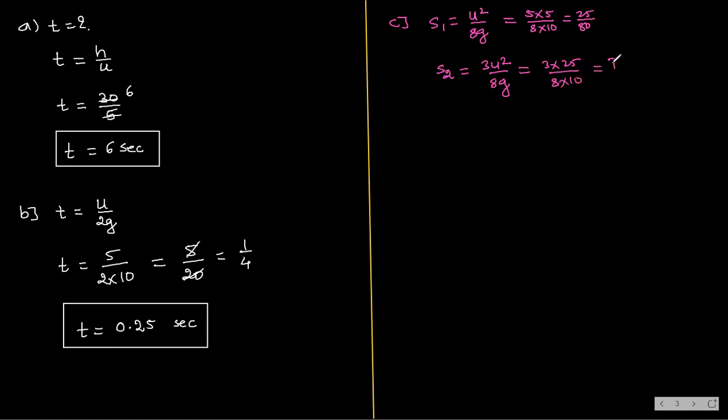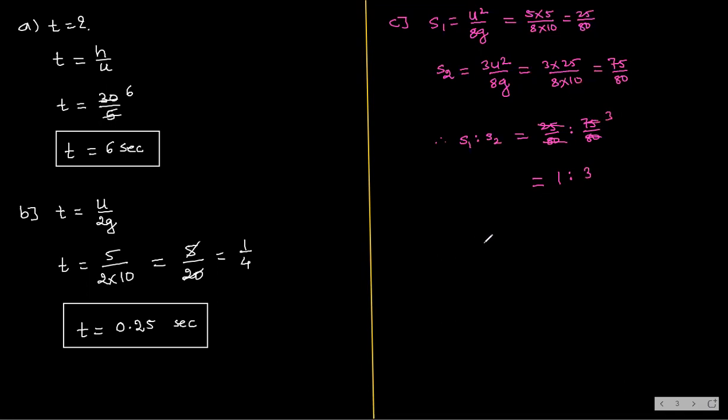So this is 75 by 80, right? Now what we have to find is the ratio, means S1 is to S2, is equal to 25 by 80 is to 75 by 80. So this is equal to 1 is to 3, right?